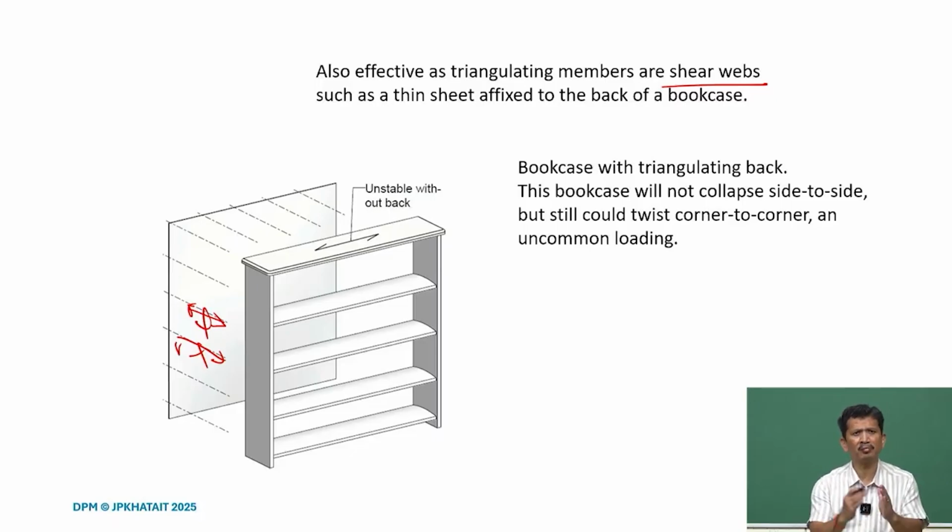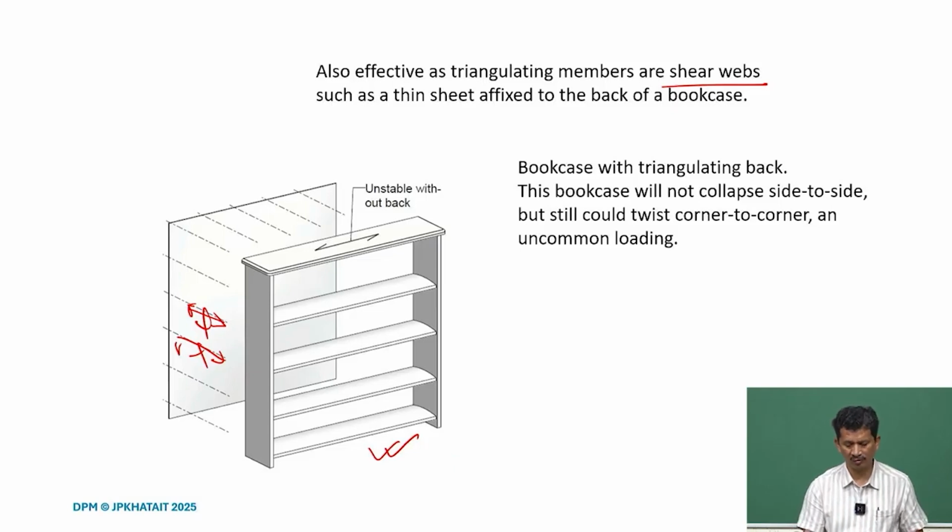It should not be simply placed at the back of the rack. If it's just placed at the back of the rack, it will not constrain, and therefore it's not part of that structure. So, for it to work efficiently, it should be part of this frame and properly secured.